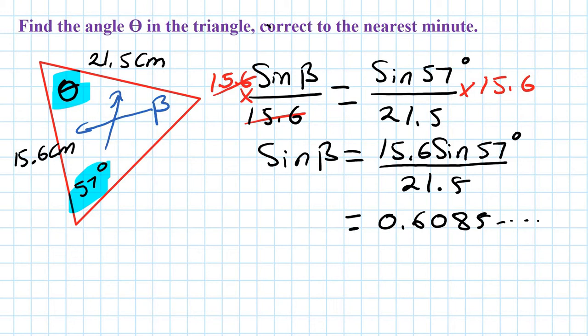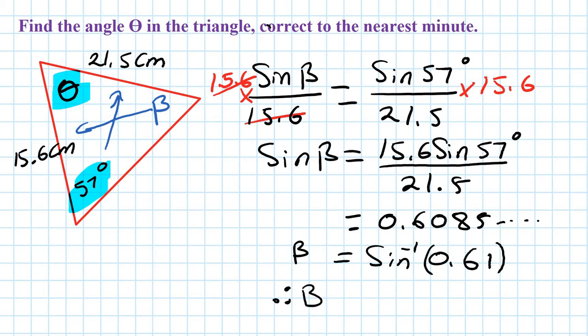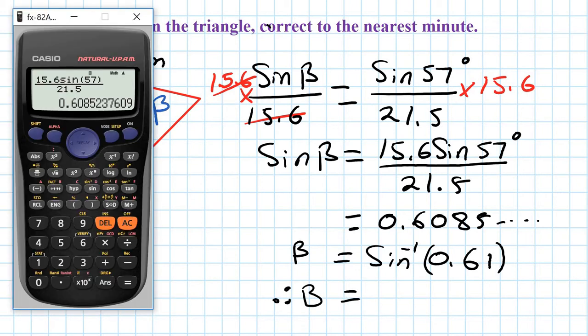Therefore beta is equal to sine inverse of 0.61. I go shift, sine and answer equal. It gives 37.48 degrees. Because it's nearest to minutes, I press this DMS button, or the bubble button if you like.